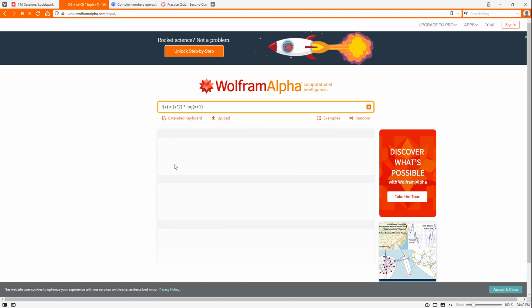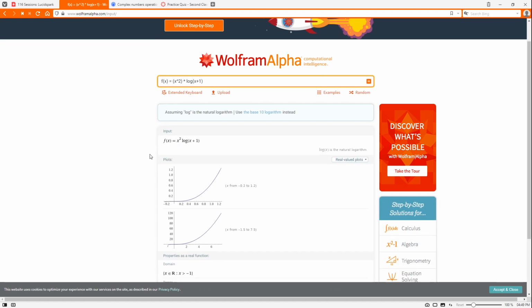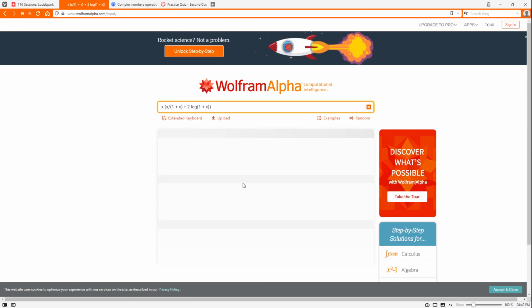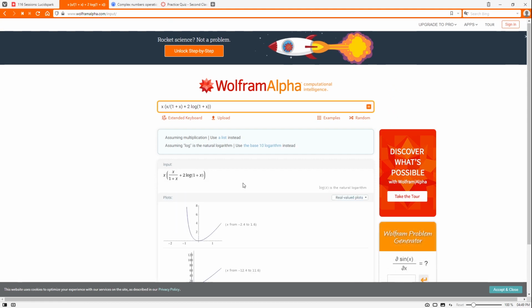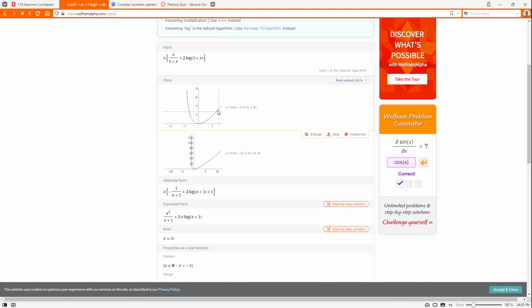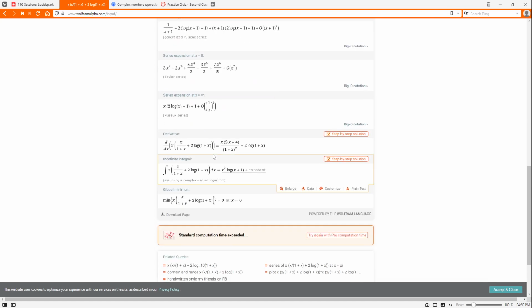Stick that in, and we get this curve if we take its first derivative, which is this. We get this. And I believe the reason why it cannot be classified as a minimum or maximum is that this is called a saddle point.